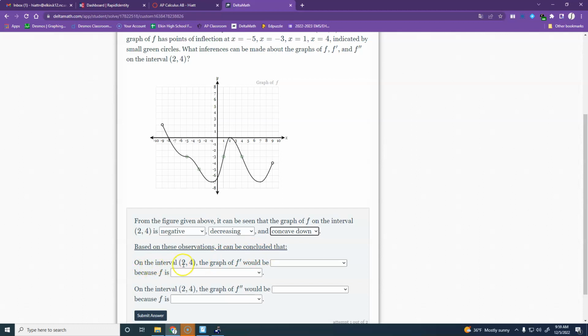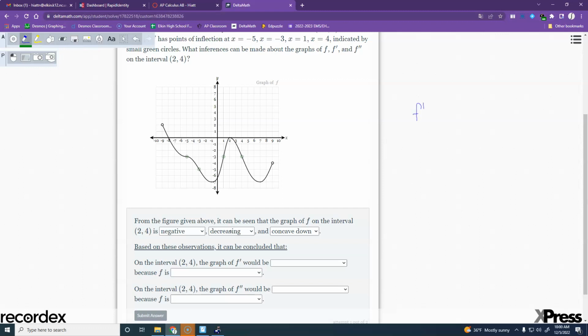So from 2 to 4, f prime, the derivative, since we're decreasing, it's going to be negative. And since we're concave down, we're decreasing, which means first derivative would be negative. Sometimes I have to write out the chart.